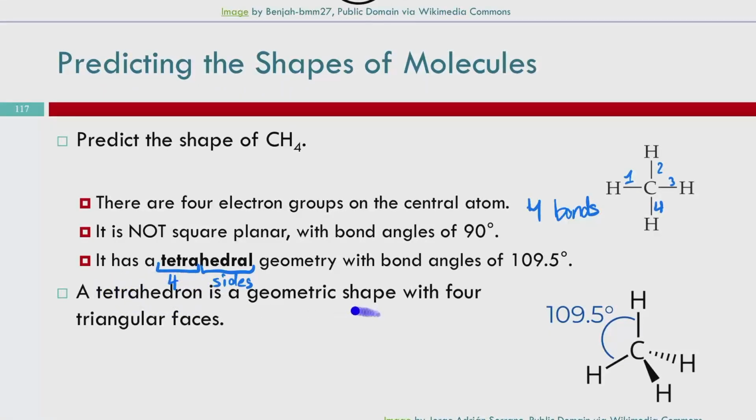A tetrahedron is a geometric shape with 4 triangular faces. So if you were to connect these faces and fill them in, those would be the 2 visible faces. This is the same shape as a D4, a 4-sided die.